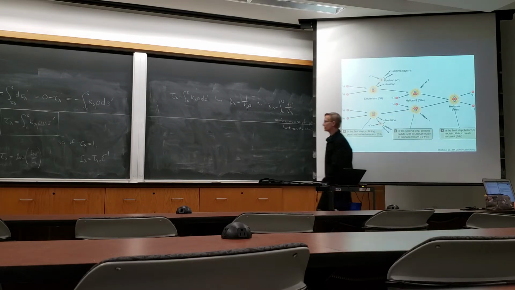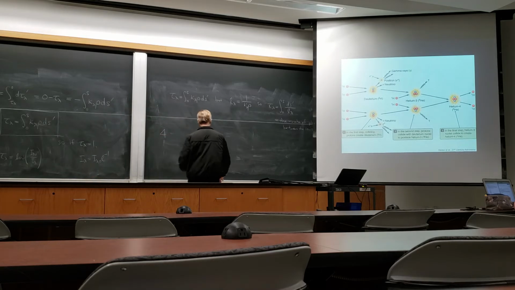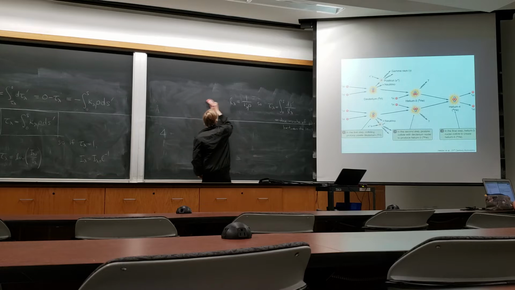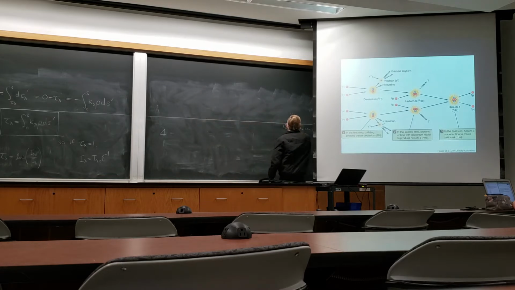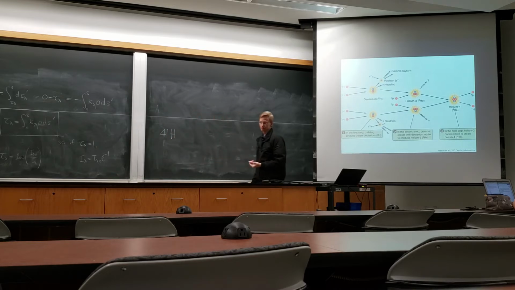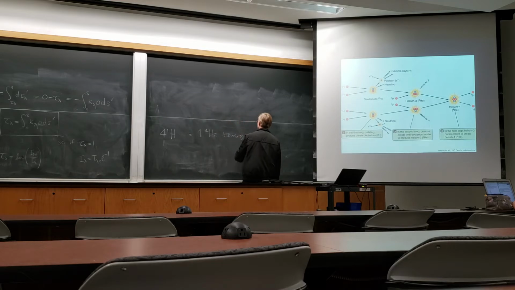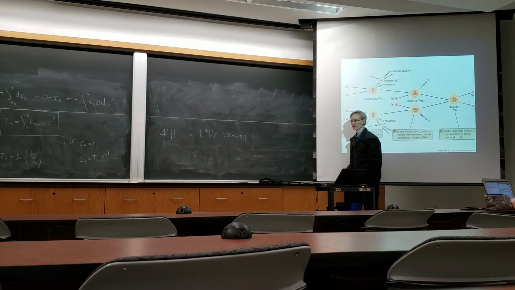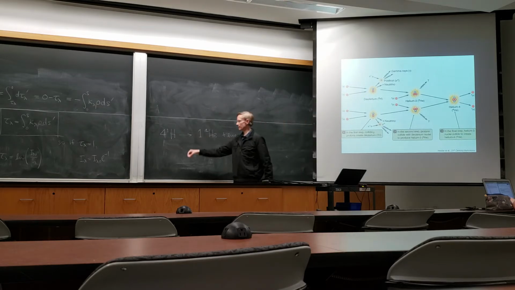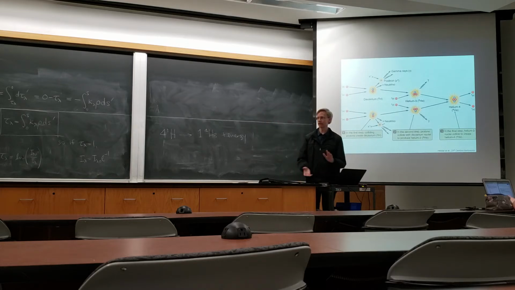So in other words, the overall net reaction is that 4 ordinary hydrogens, 4 1H, or protons, a hydrogen with a single particle as a proton, becomes 1 helium-4 nucleus plus energy, because the mass of the helium-4 is less than the mass of the 4 protons that formed it, and E equals mc squared says that missing mass turns into energy.